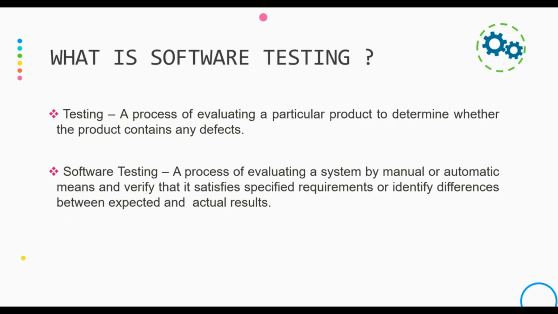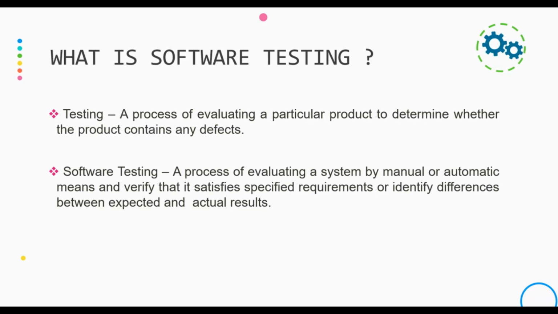So what is software testing? First we should know what testing is. Testing is a process of evaluating a particular product to determine whether the product contains any defect. If there is a defect, that product will be a faulty product. Then what is software testing?